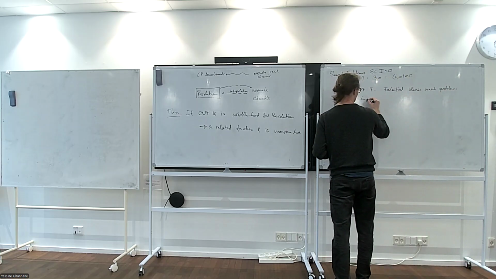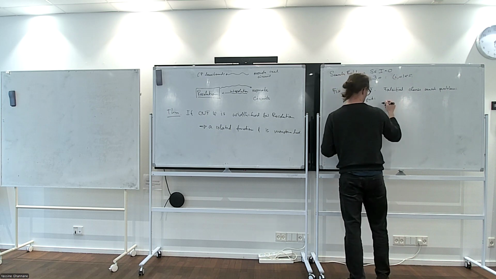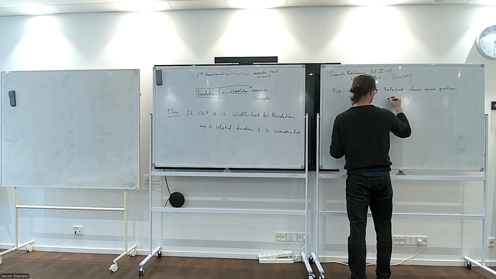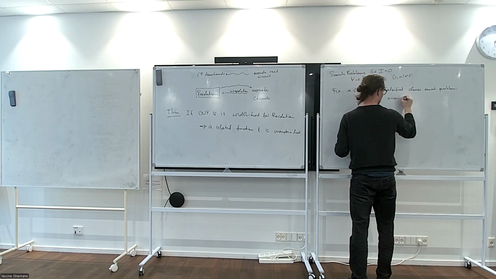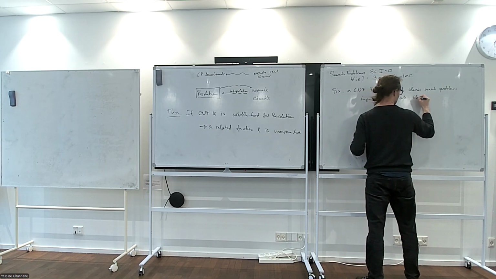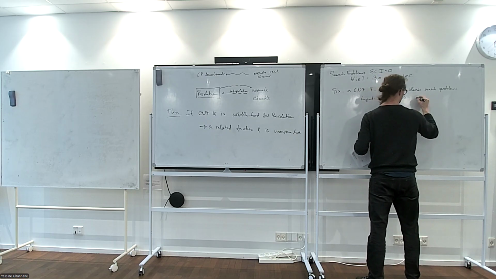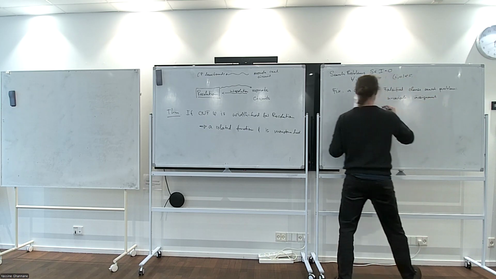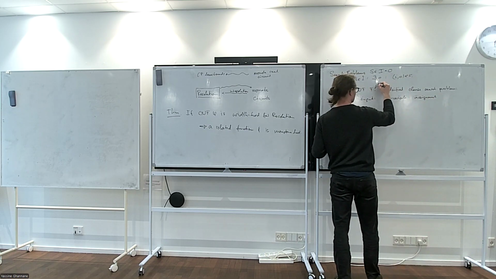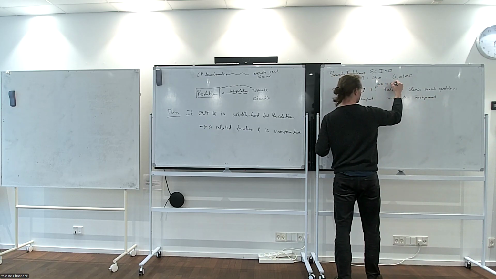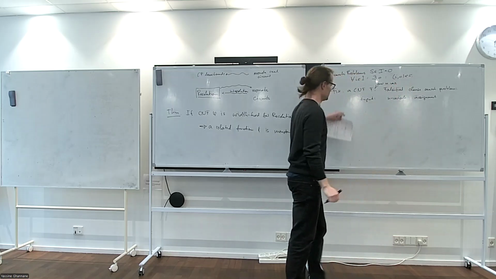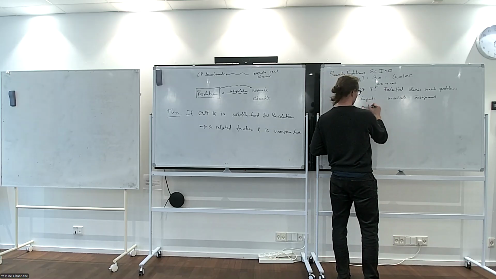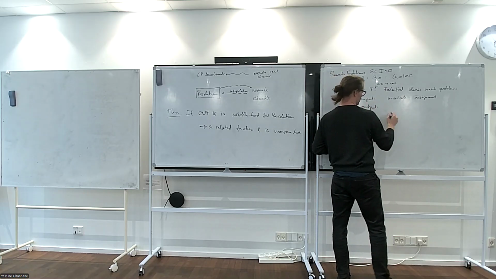As input, we get an assignment rho in {0,1}^n, and we're supposed to output a falsified clause.